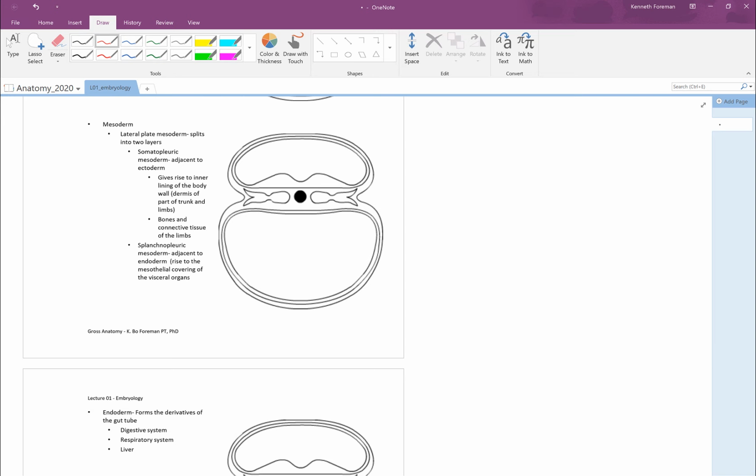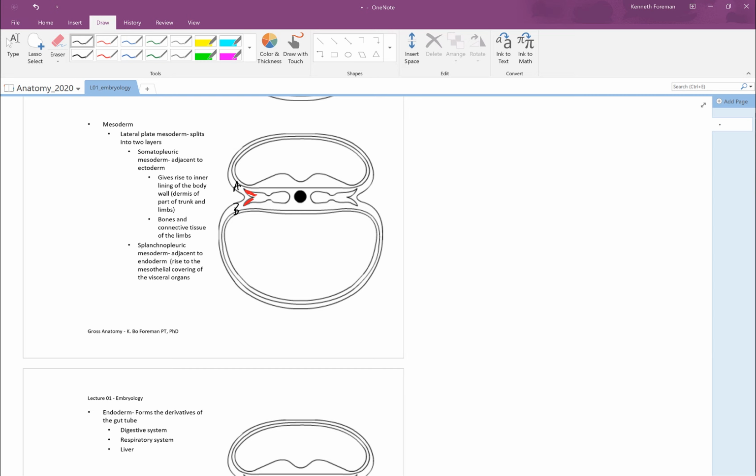Next, for the mesoderm, we come to the lateral plate mesoderm. Now remember, there's two divisions of this lateral plate mesoderm, A and B here. A goes along with the ectoderm, which forms our skin, so it makes sense of the body wall. And that's going to be the somatopleuric mesoderm.